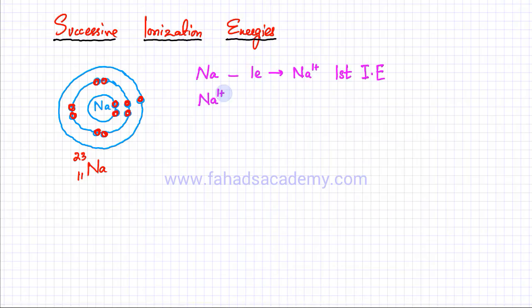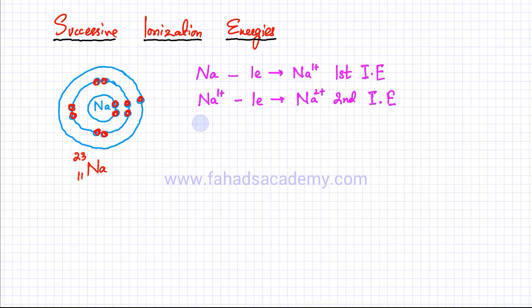I'm going to remove another electron from this sodium, and it's going to form Na2+. And remember, these are all gaseous ions. I'm not writing down states, but you should be writing down states when you write these equations. So that's your second ionization energy, where I stands for ionization, E stands for energy, and so on and so forth.